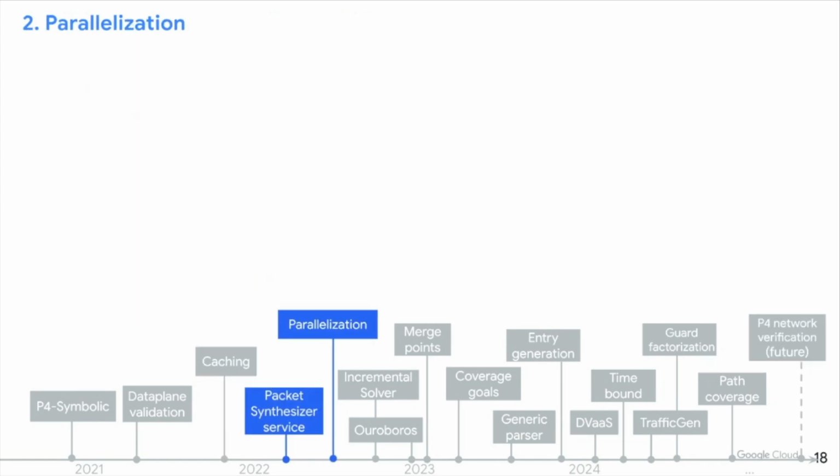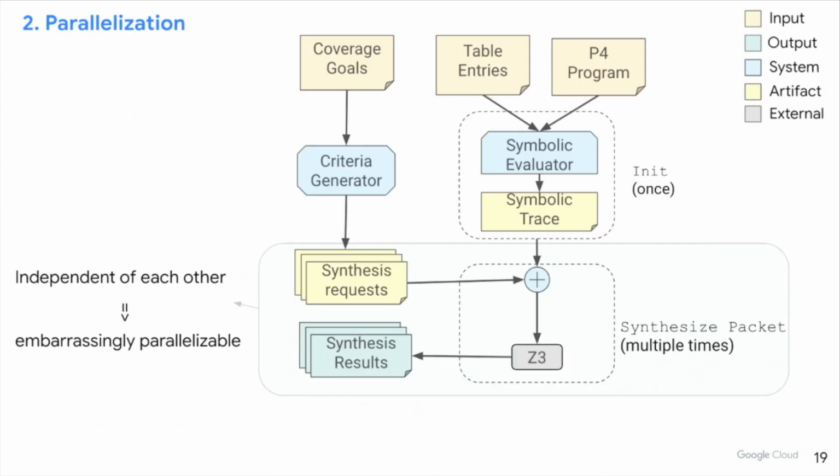Next, what we do is parallelization. If you remember this table, in the synthesis part, for every synthesis request, you synthesize a packet. If you have n synthesis requests, all of them are independent of each other, and you can parallelize them.